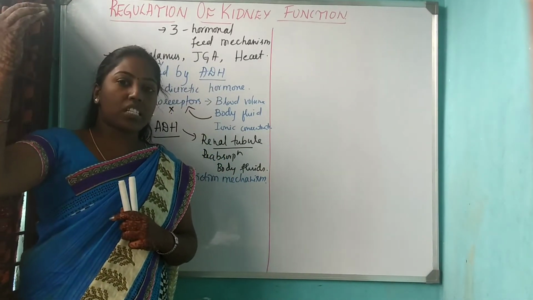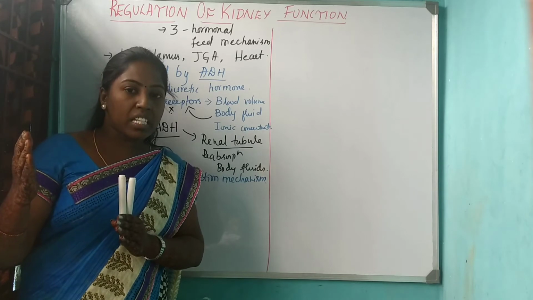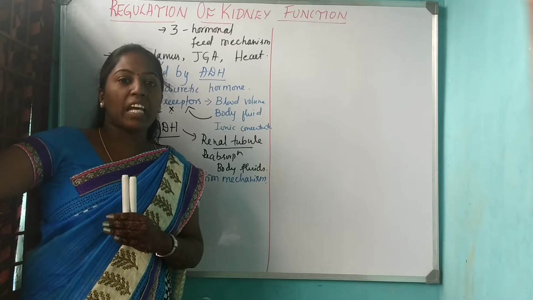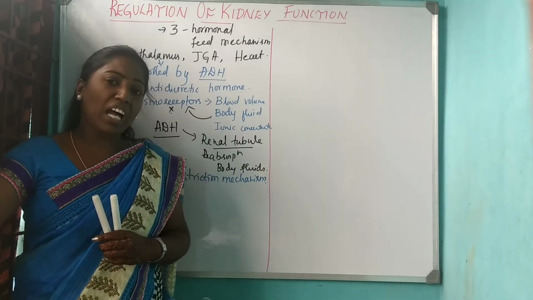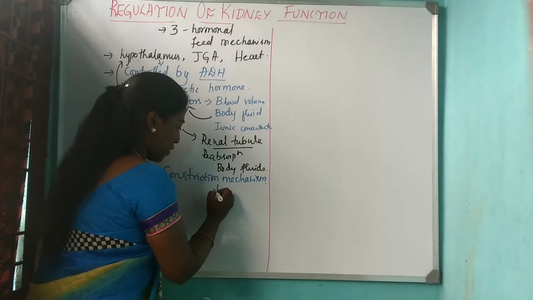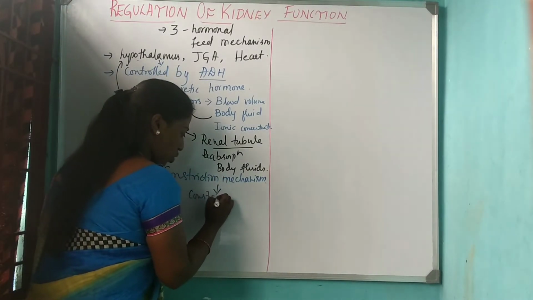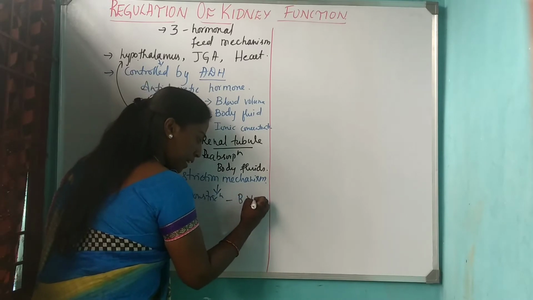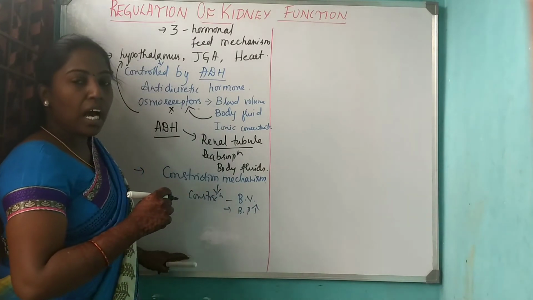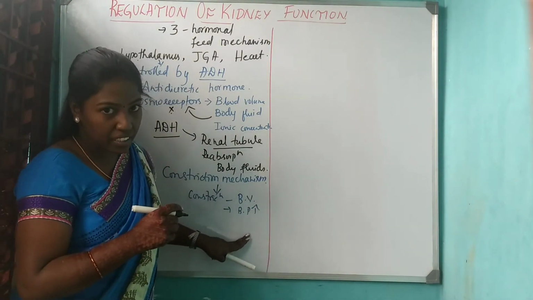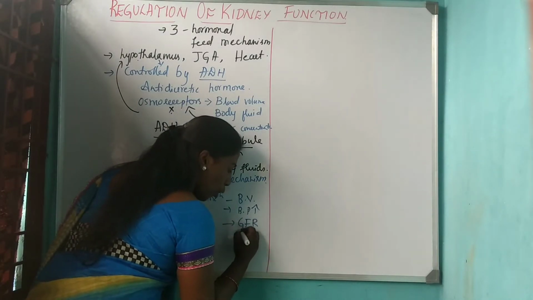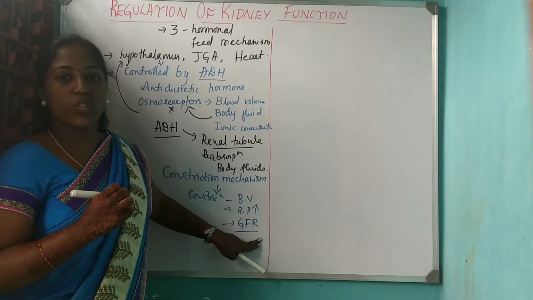Once the blood pressure is increased, the glomerular blood pressure also increases, so it leads to the regaining of the normal glomerular filtration rate.